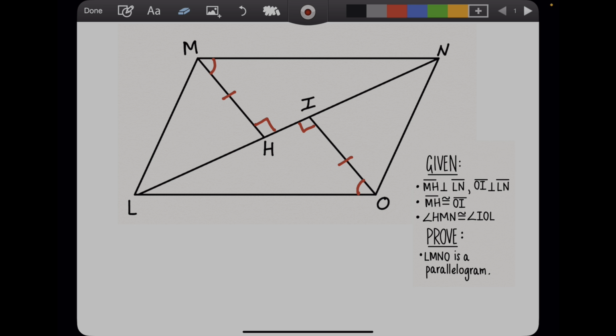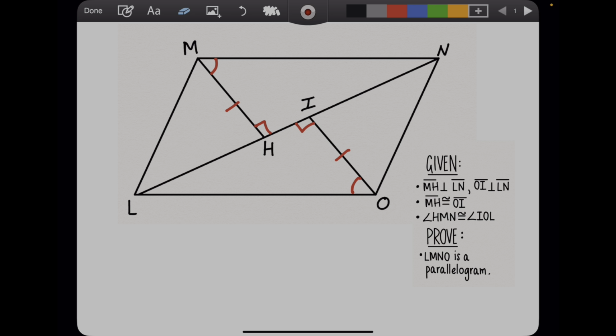And obviously the same would be true for LM and NO. So if we prove that LM is congruent to NO as well as parallel, we'd be good for the proof. And that is our target. Proving one of these conditions is true, or proving at least that the theorem is true.